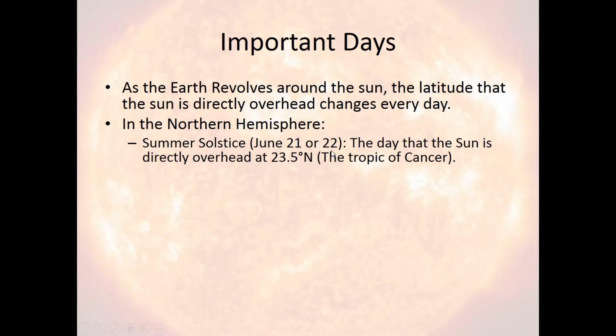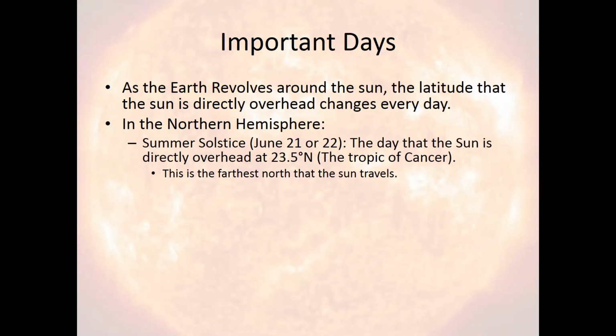On that day, the sun is the farthest north overhead. The sun is directly over 23.5 degrees north. And we call that latitude the Tropic of Cancer.